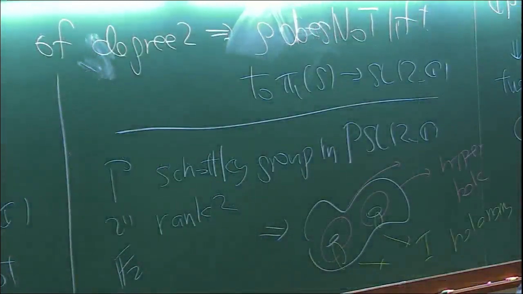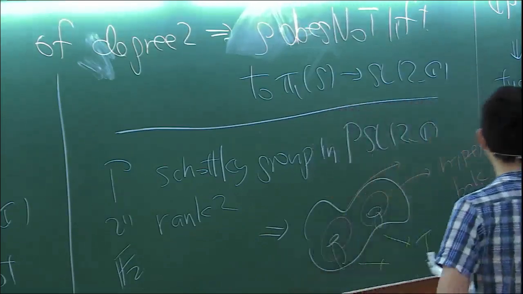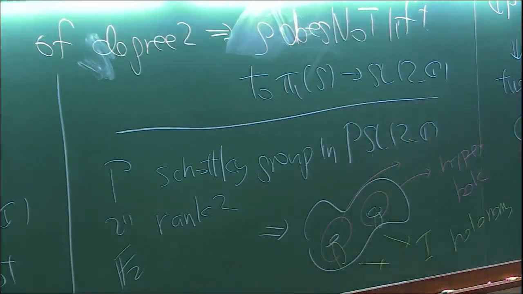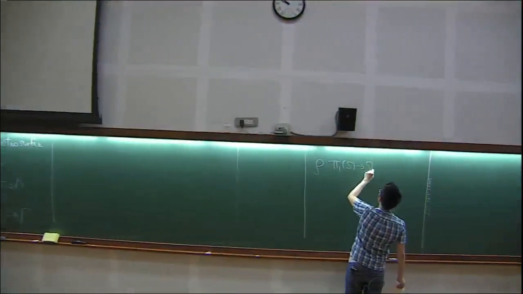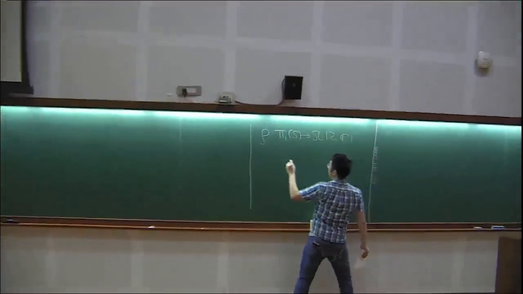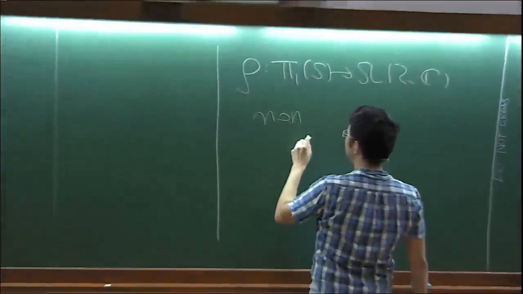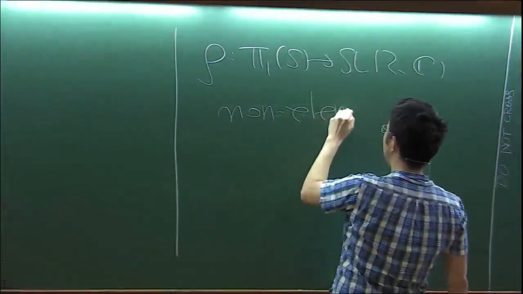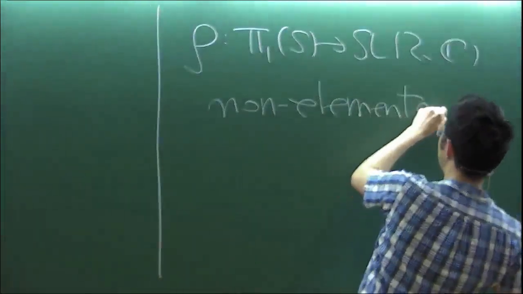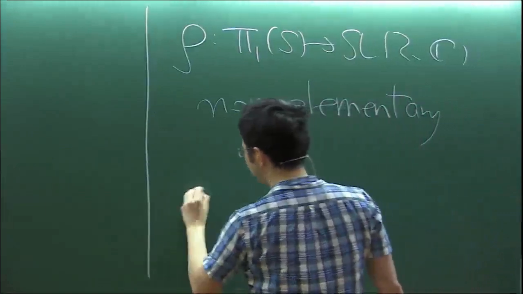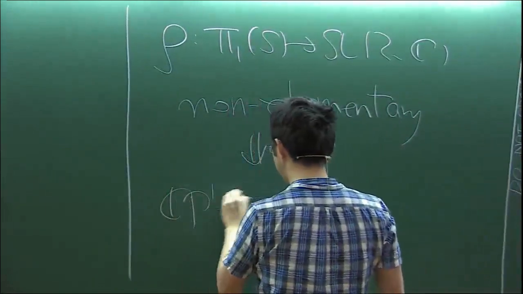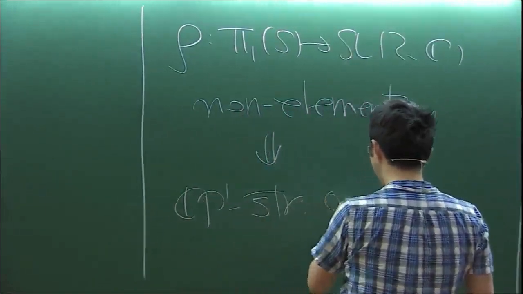Then I quickly sketch the proof for the sufficiency. So again, as I said, our goal is, given a non-elementary representation, we want to construct a CP1 structure on the closed surface.